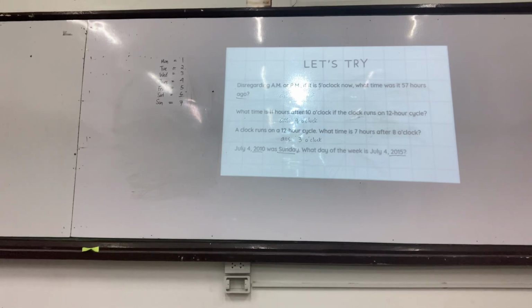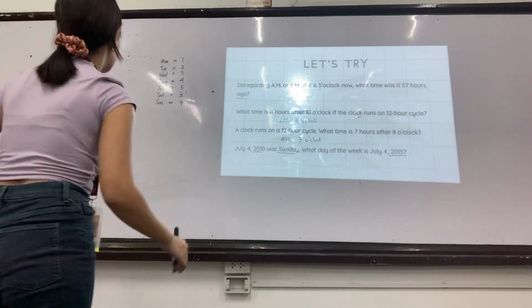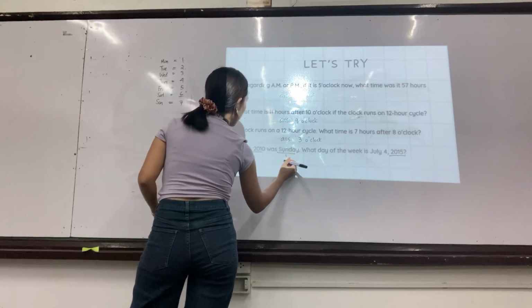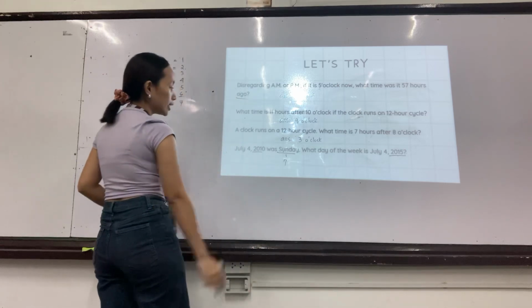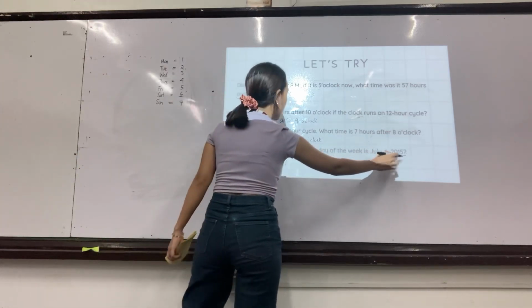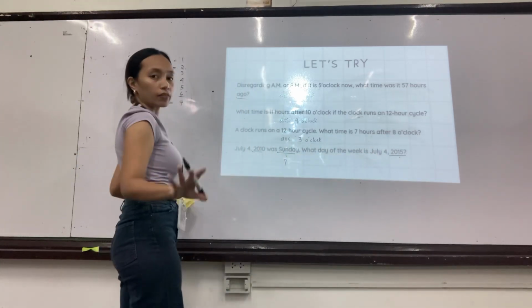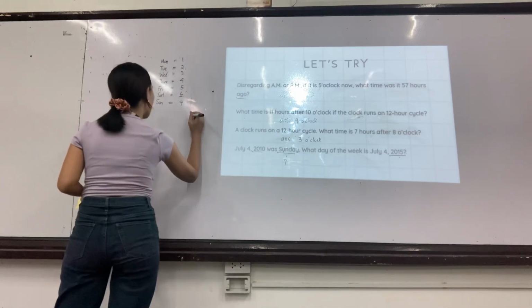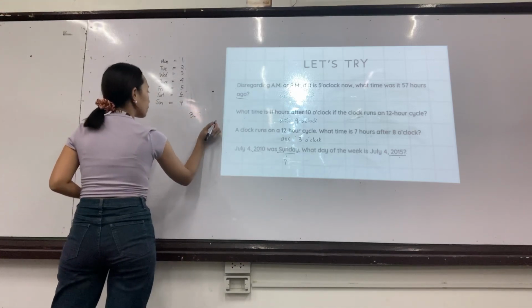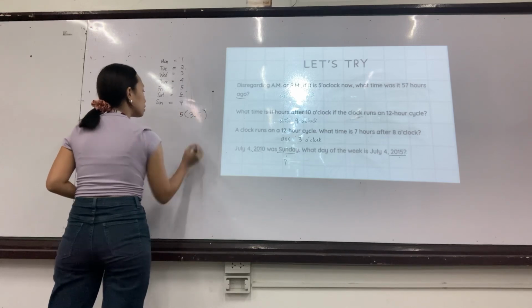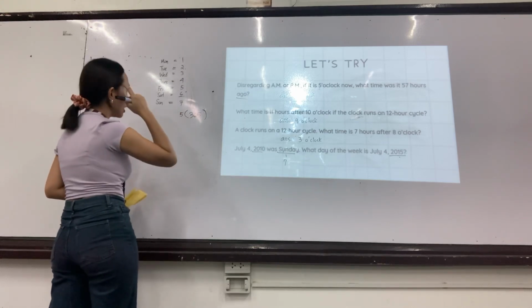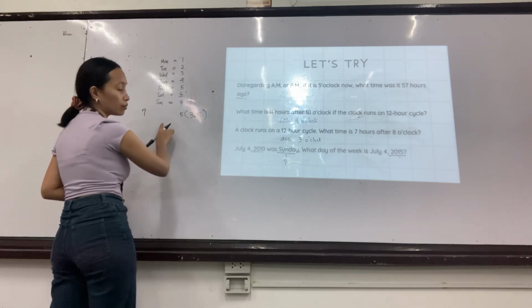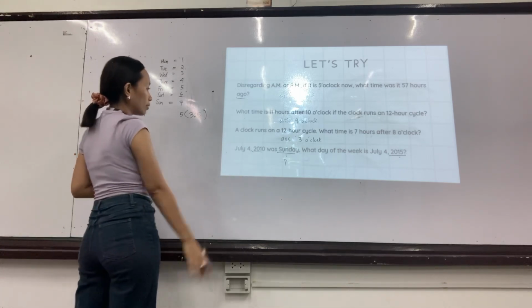So for number 10, we have to convert the Sunday first into a number, okay? And then 2010 and 2015, the gap is 5 years, right? And in a year, we have 365 days. And then Sunday is 7. So we have the numbers already.